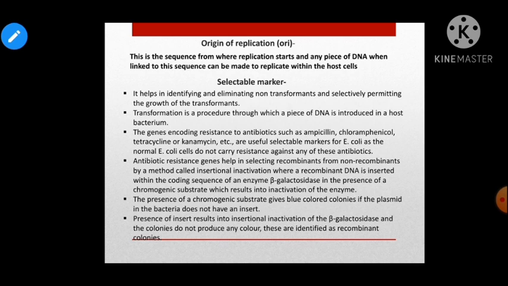Any piece of DNA when linked to this sequence can be made to replicate within the host cell. This sequence is also responsible for controlling the copy number of a linked DNA. Origin of replication is the sequence of DNA from where replication starts. So this site is known as the origin of replication, and it is abbreviated as ORI.